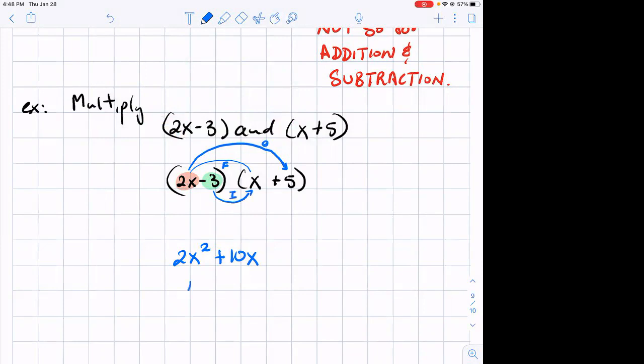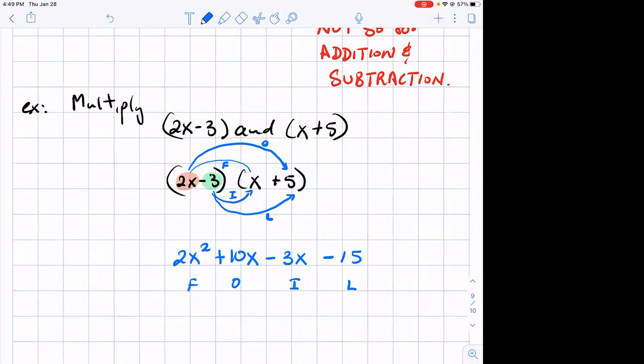So we did F, we did O, so minus 3 times x becomes minus 3x, and that's the I, okay? And then we go again, the minus 3 times the 5, which is what we call the last thing to do. Minus 3 times positive 5 becomes minus 15. That's the last. And that's how you came up with the word FOIL.